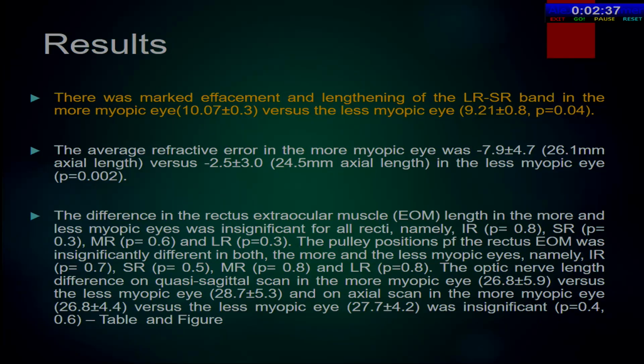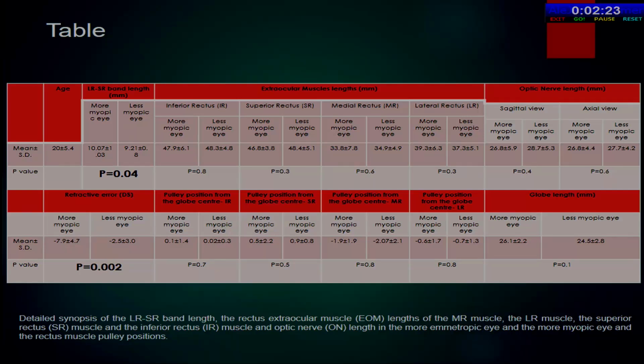But other parameters like rectus extraocular muscle length and pulley positions, as well as optic nerve length, were all similar and not significantly different. We calculated all the parameters, and this table shows that we found a significant difference only in LR-SR band length and refractive error, but not the other parameters.